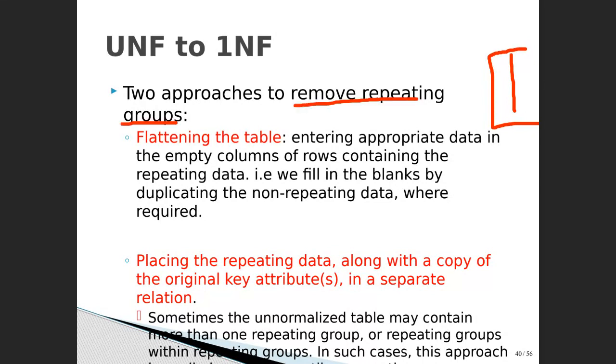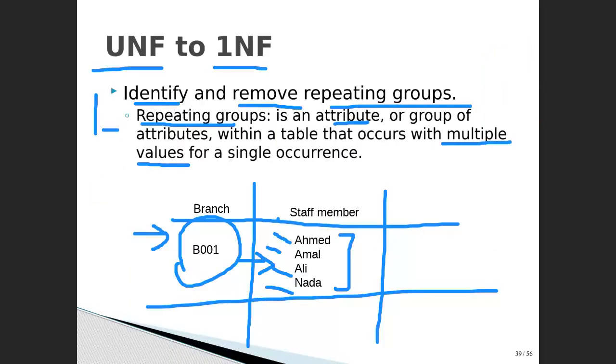Approach number one: we can flatten the table, which means we fill in the blanks. For example, in this example which I give you, I can have branch, staff, like that.